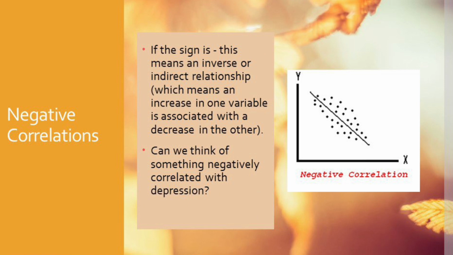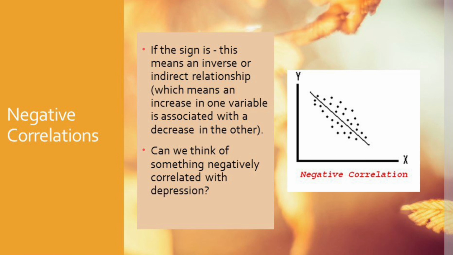So now take a moment and think of an example of a negative correlation in the counseling field. Like maybe, let's say, how about something that's negatively correlated with depression? One really concrete example that came to mind for me would be the relationship between depression and socializing.